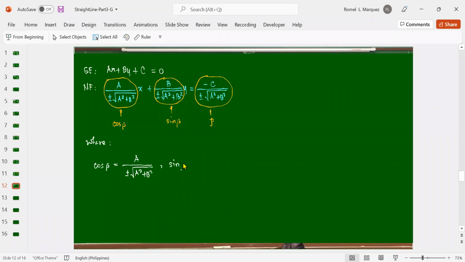Sine beta is equal to B over plus or minus square root of A squared plus B squared. And then P is equal to negative of C over plus or minus square root of A squared plus B squared. Okay, guys?